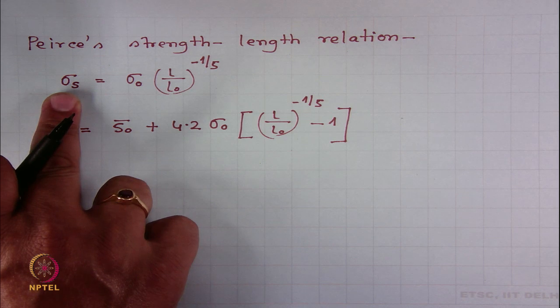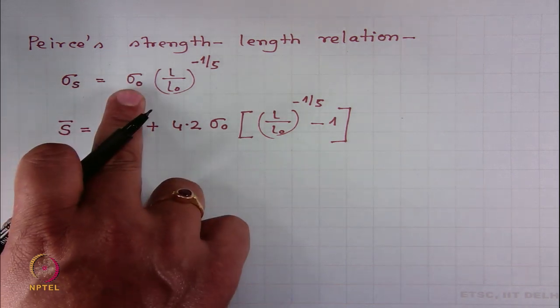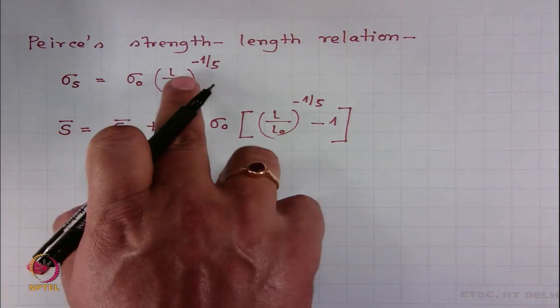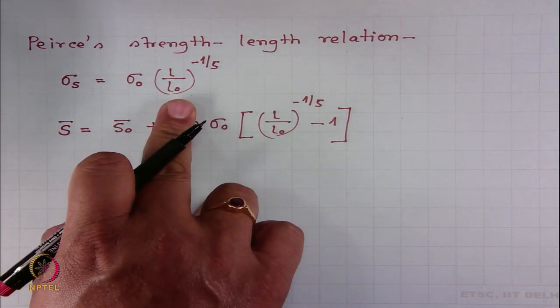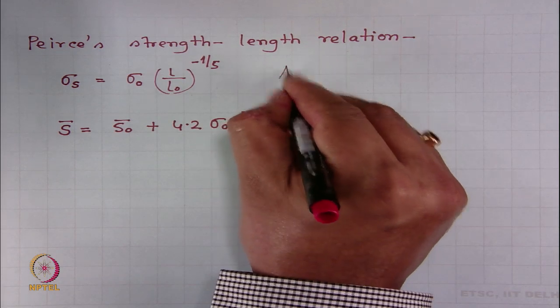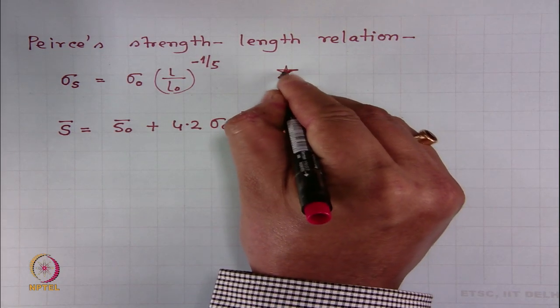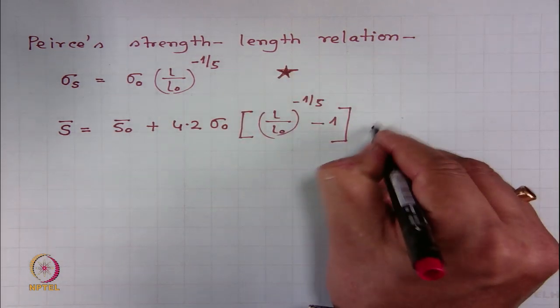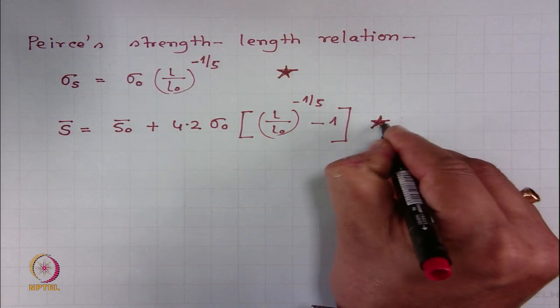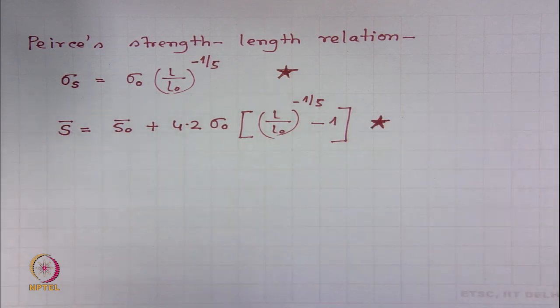This is the standard deviation of strength at longer gauge length, this is the standard deviation of strength at shorter gauge length. By using these two expressions we can predict the mean strength as well as variability of strength of yarn at longer gauge lengths.